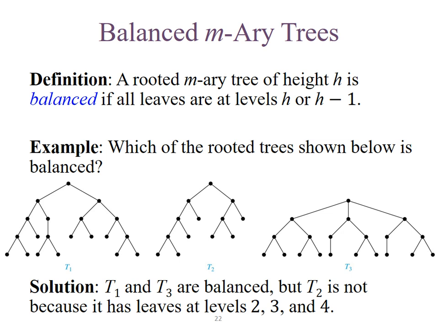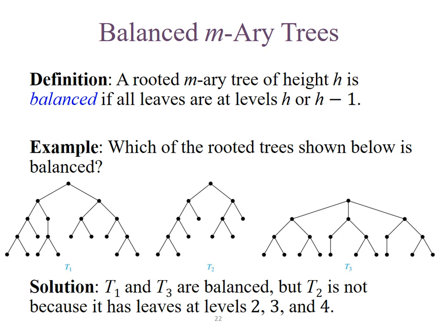All right, now we have a lot of definitions for trees. Currently, we have the full tree, the complete tree, and the balanced tree. I hope you can remember the definitions of these trees, then you can correctly determine what kind of tree it is.